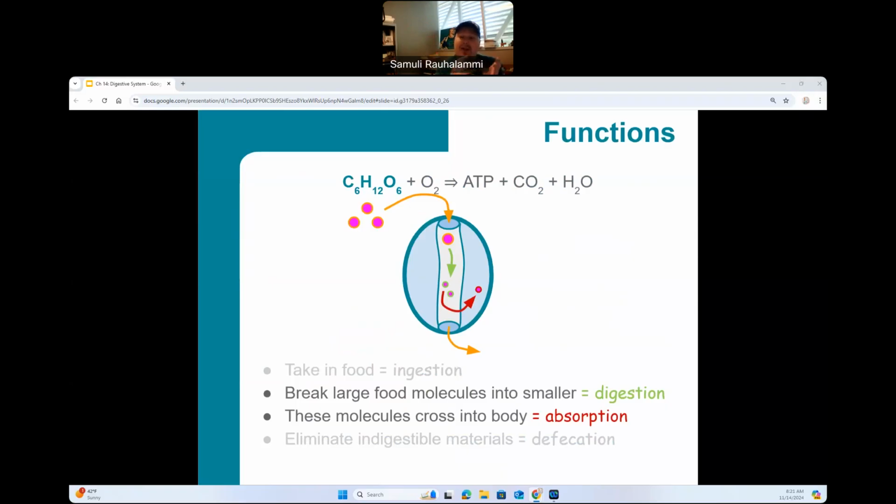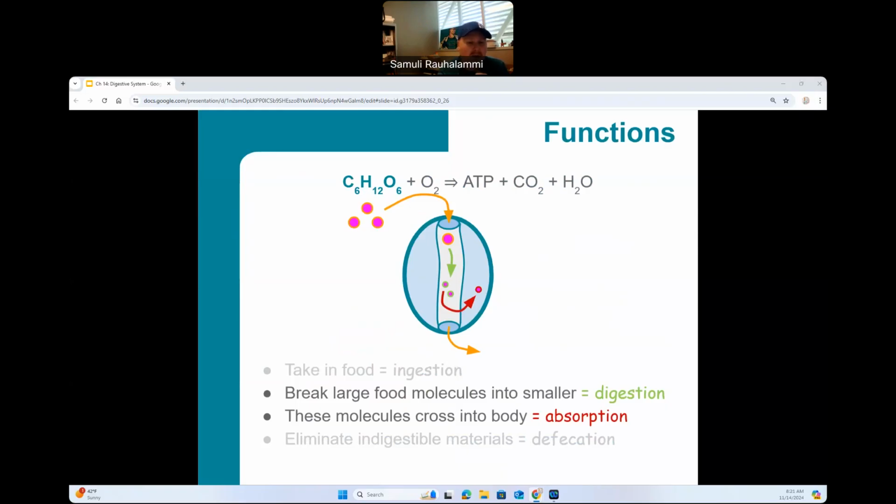This process where the smaller molecules move across from inside this tube to inside the body is known as absorption. I hope those terms make sense, because the distinction between digestion and absorption is an important one that we want to be clear on.